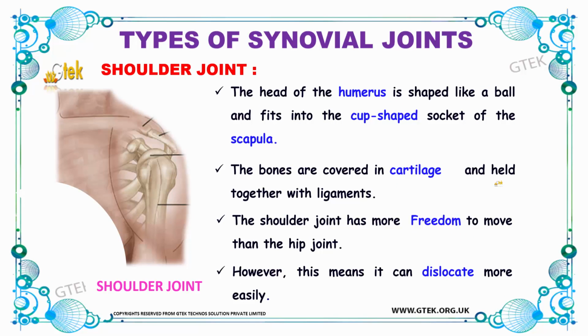Next we have our shoulder joint. In your shoulder joints, the head of your upper arm bone, that is your humerus, is shaped like a ball, and it fits into the cup-shaped socket of the scapula.